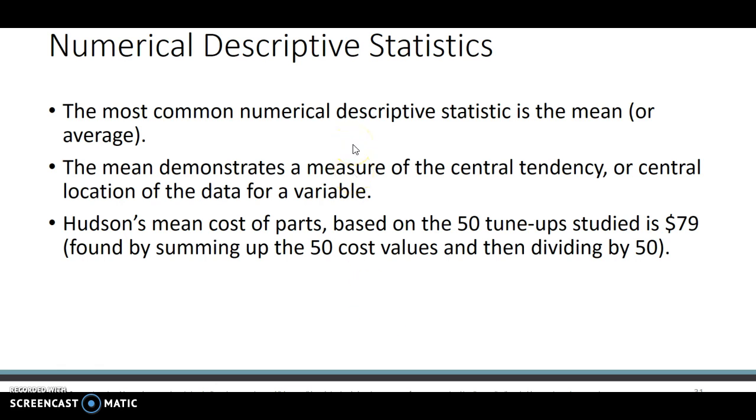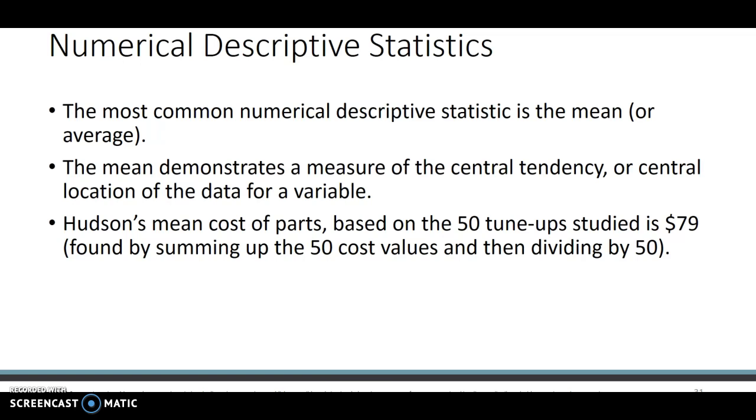Numerical descriptive statistics. The most common numerical descriptive statistic is the mean or the average. We all know how to do this. You take some number of observations, say the heights of 4 people we see in the class. We add those heights together, divide by the 4 people. On average, we would get some number, which is the average height of the class.